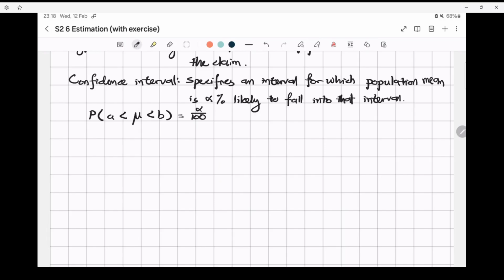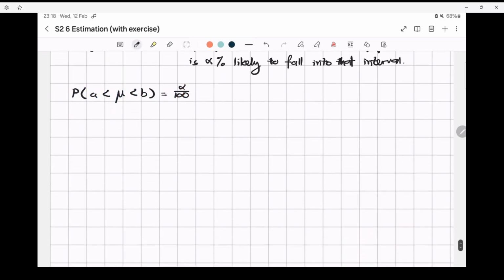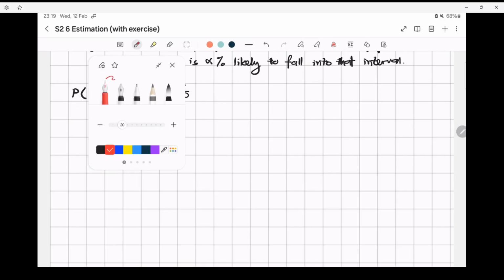Okay, so let us begin with this. So this is the definition of confidence interval, and we actually want to find how you calculate that particular interval. So this is a definition.